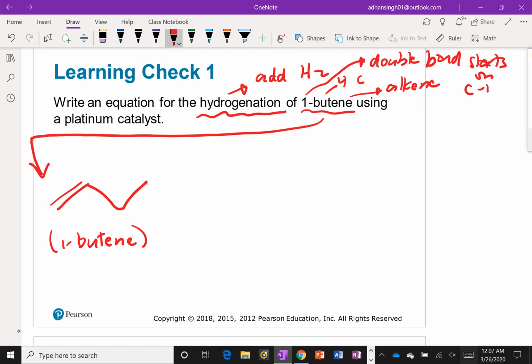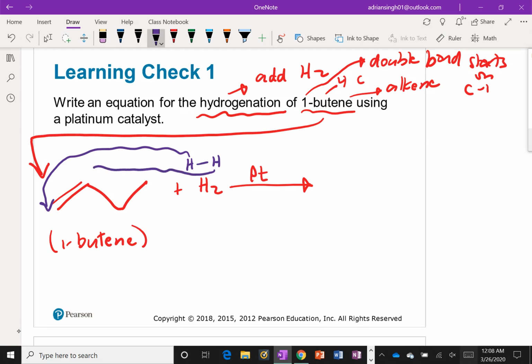And we said that we're going to react that with hydrogen, H2, in the presence of a platinum catalyst, and we usually write the catalyst either above or below the arrow. All right, so I'm just going to draw the H2 like this so we can see where they go. One H goes to one carbon of the double bond, the other H goes to the other carbon of the double bond.